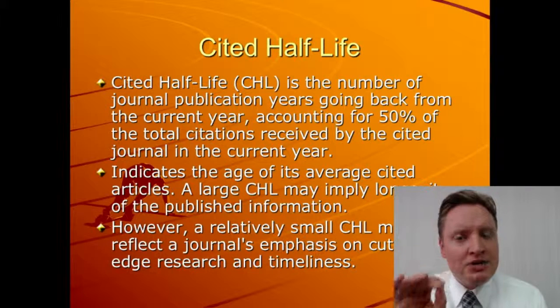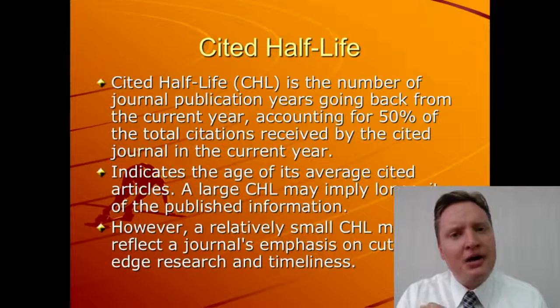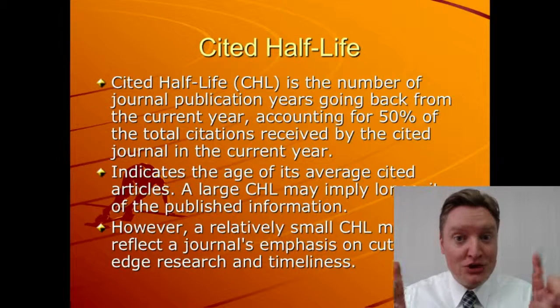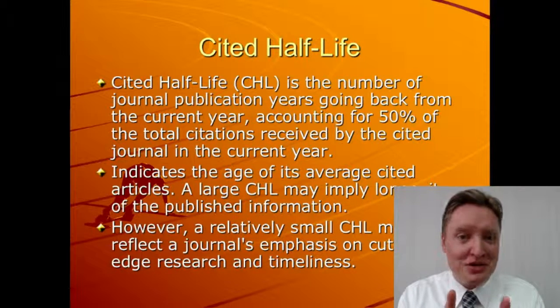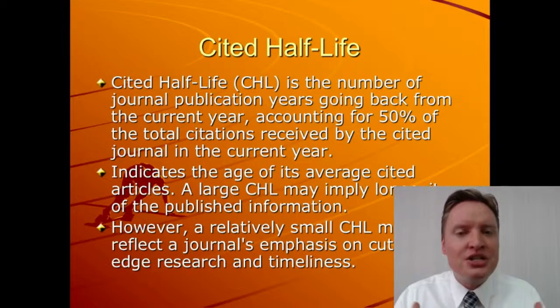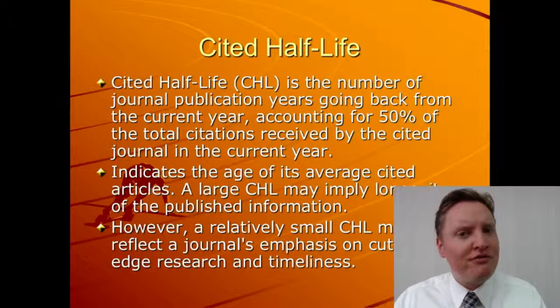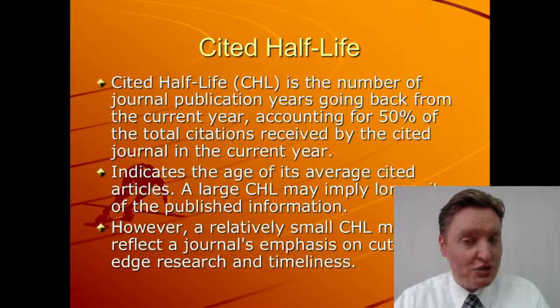What's important about the CHL is that you can discover what the editor wants. If the CHL is very short, that means the editor probably prefers the cutting-edge, hot research. If the CHL is comparatively long, then maybe the editor prefers more fundamental research that's good for a much longer time.